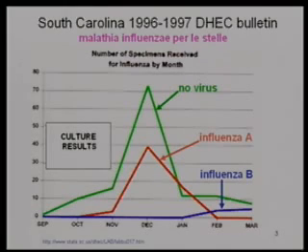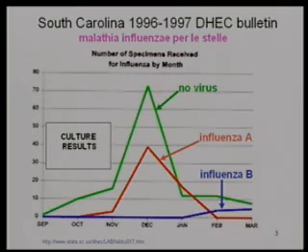So here's an example of influenza from DHEC. Unfortunately, this is an old slide. They don't publish this slide every year. But what this shows is the culture results from cultures submitted to South Carolina Department of Health and Environmental Control for typing, according to whether they actually contained influenza, and if so, which type of influenza was it?